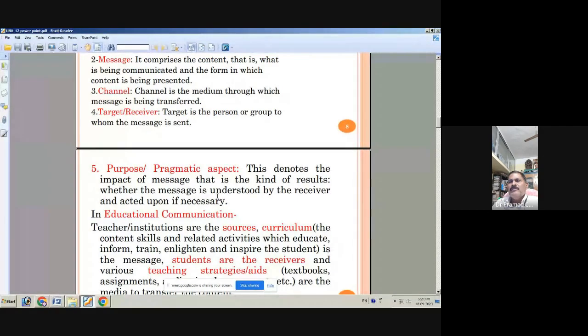And sometimes when the message is received by the receiver, it will also be sent by some means back to the sender. The sender will get the feedback, but the message he sent to the receiver is also decoded and again sent in another form.